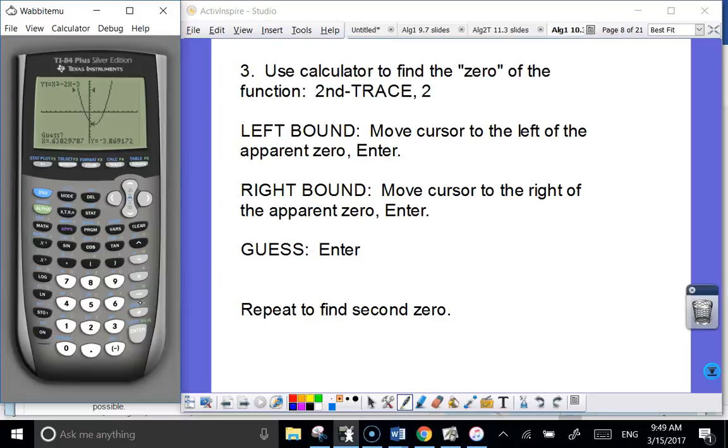So you see what it did? It popped that other triangle on the top. And now it's asking for a guess, which is like saying, if you're happy where you just put those 2 triangles, just hit enter. And I presume that we're happy with that. So we hit enter, and it jumps to the zero, and it gives us that point, -1, 0.